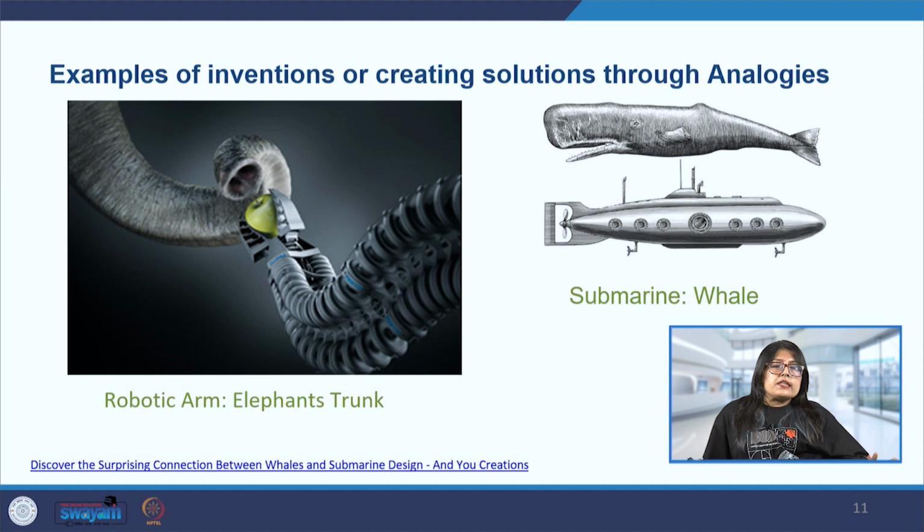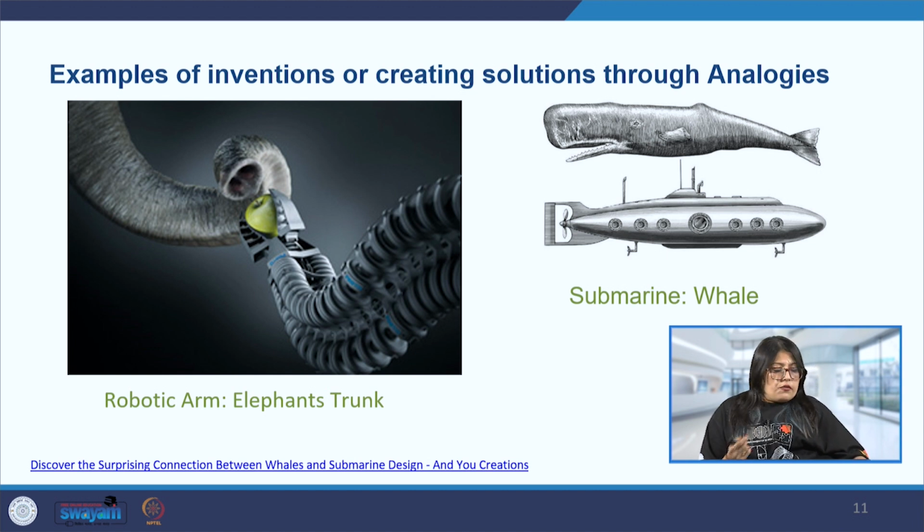On the left, we can see the elephant. If you have met an elephant and ever tried to feed it a fruit, a banana for example, it sucks the fruit with its trunk, wraps it, and brings it to its mouth. It is a flexible trunk that it has.